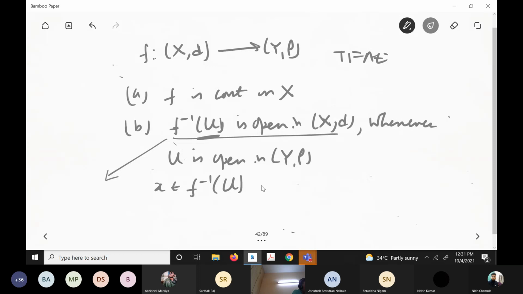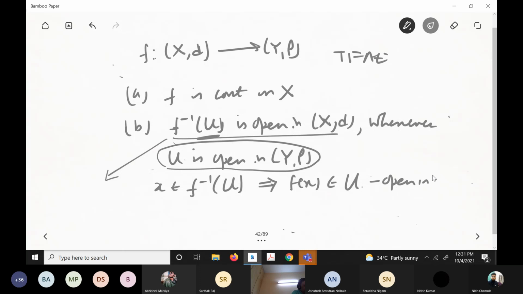Now x in f inverse U implies f(x) belongs to U. Now look, I'll have to go to Y because this is the tool I have. This is the fact I have. But f(x) belongs to U and U is open in Y. That means each point of U is an interior point.